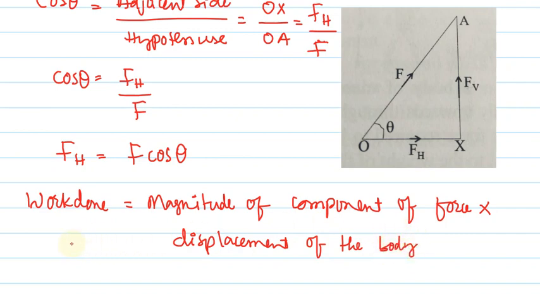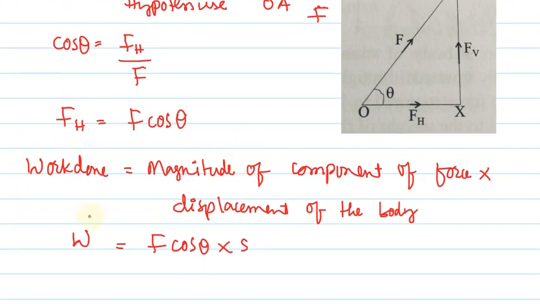So I can write W, that is work done, is equal to the horizontal component FH, which is F cos theta, into S. Therefore, work done W is equal to F S cos theta.